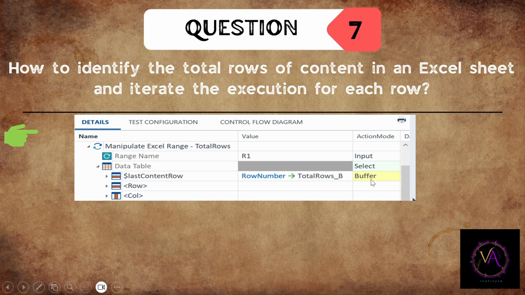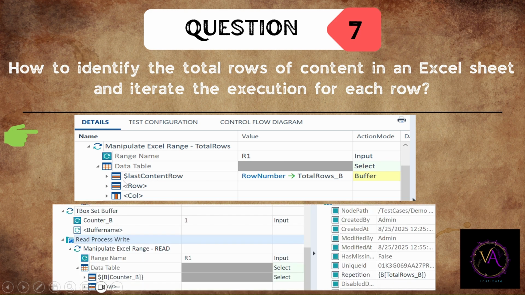So it's not a verify, it's a buffer. You're asking the tool to go to the last content row, get the row number and store it inside buffer B, total rows B. So now total rows B has how many rows are there in this particular Excel sheet.